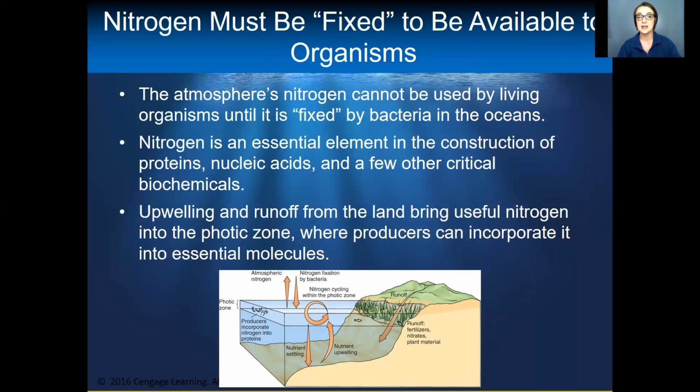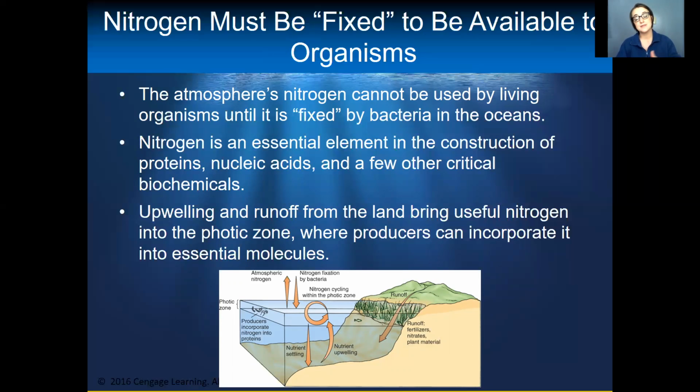What I mean by that is we as humans and all other living things on Earth need nitrogen because it's an essential element for the proteins in our body, for our DNA, for all the biochemicals that make our day-to-day functions work. So as nitrogen cycles through the atmosphere, it goes through those bacteria in the ocean and is fixed, so that it can then be transferred to living organisms and be usable in our bodies.